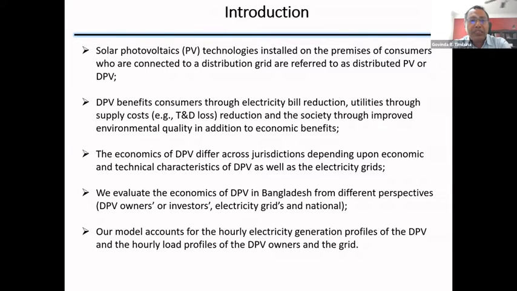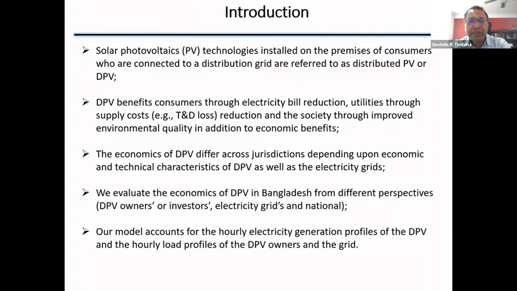It is expected to benefit consumers through electricity bill reduction. It can benefit the utilities through supply cost reduction and transmission cost reduction. And it also benefits society as a whole because of the benefit to the consumers, to the producers, and also environmental benefits.